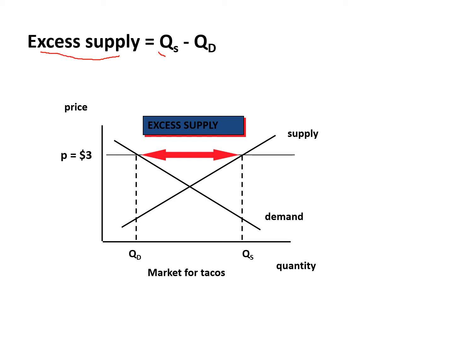That means the quantity supplied minus the quantity demanded, because the quantity supplied exceeds the quantity demanded. For example, if the quantity supplied is 30 and the quantity demanded is 10, we have an excess supply of 20 units.